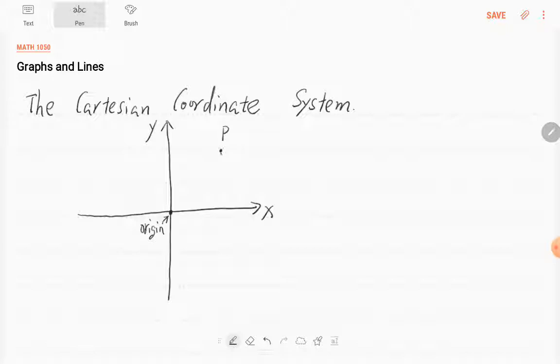If you draw a vertical line that intersects the x-axis at this point, say the value a, and you draw a horizontal line, perpendicular to the y-axis, that intersects the y-axis at this point, this would be y equals b. So we can use this a and b to locate this point P, and we can write P as parentheses a, comma b. This is called the coordinates of this point.